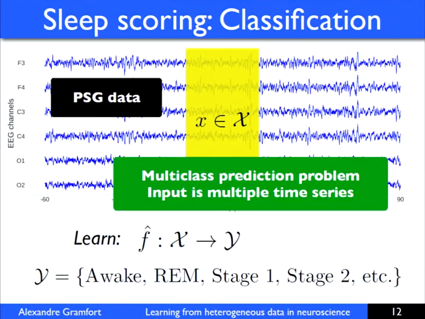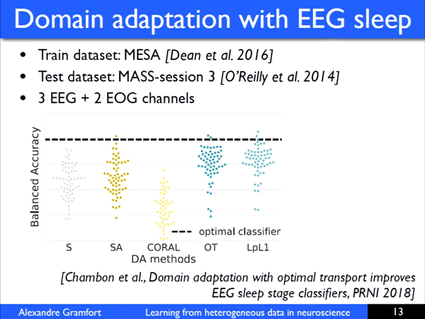All right, so now let's see what happens if you try these types of scenarios. Here we train on a data set called MESA, and we test on the MASS data set, which has something like 60 records, so 60 nights, so 60 subjects. What you see in S means when you only train on source and you predict directly without any adaptation.